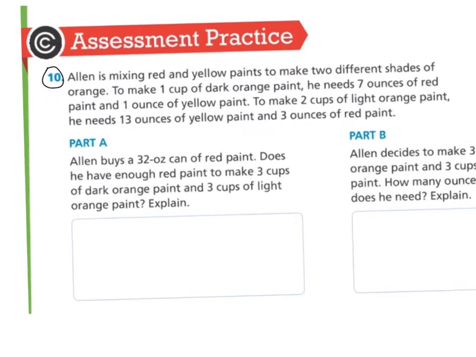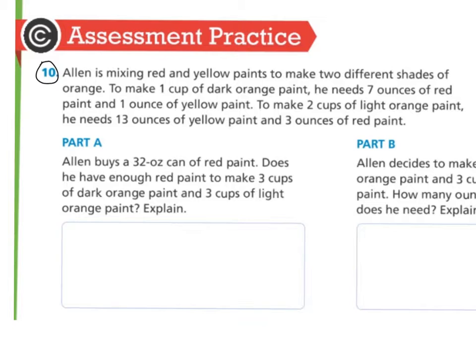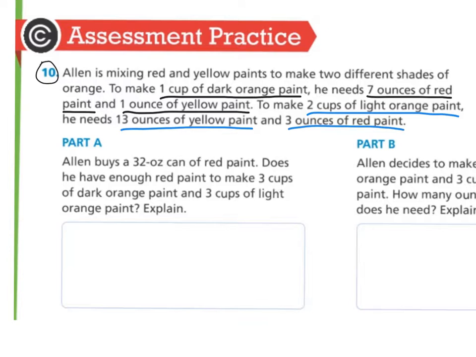Number 10, Alan is mixing red and yellow paints to make 2 different shades of orange. To make 1 cup of dark orange paint, he needs 7 ounces of red paint and 1 ounce of yellow paint. To make 2 cups of light orange paint, he needs 13 ounces of yellow paint and 3 ounces of red paint.